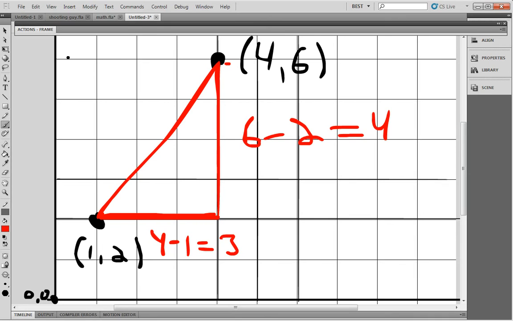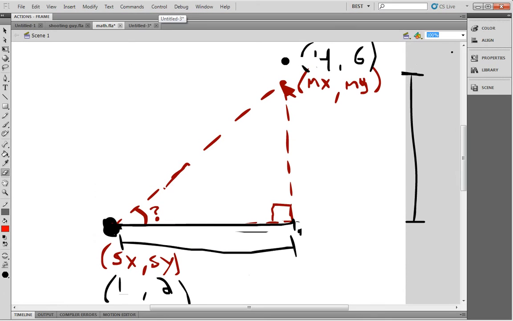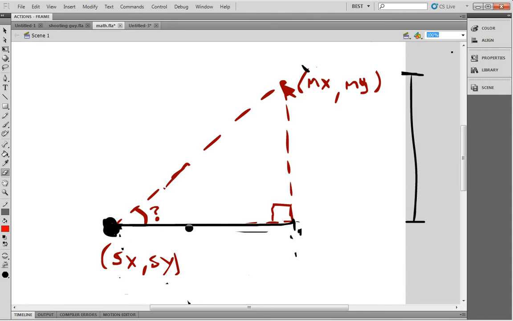Okay, so my point was, if that is true, let's do the same thing, but instead of 4 and 6, we have mx, my, and we have sx, sy. So what would be the algebraic expression that would represent this side here? My minus sy. Yeah, exactly.